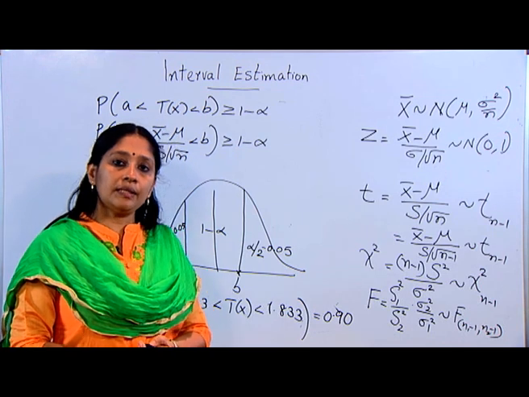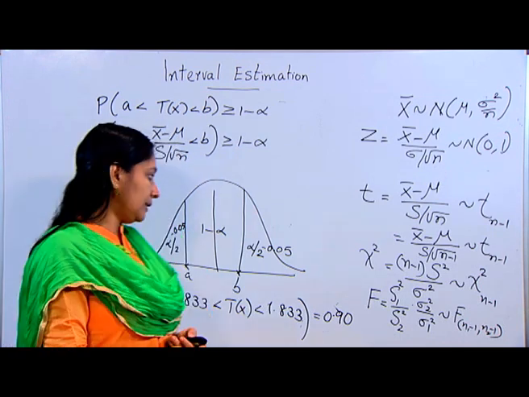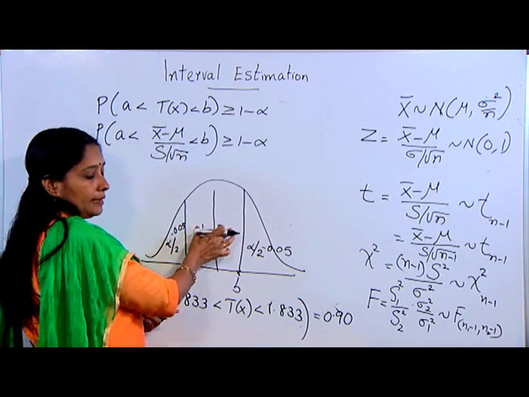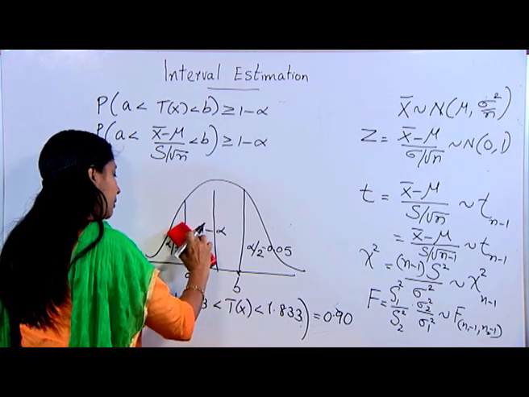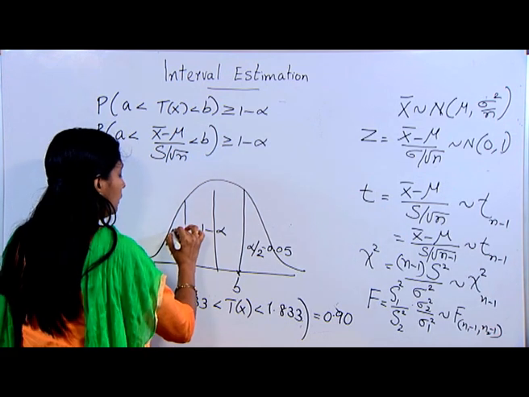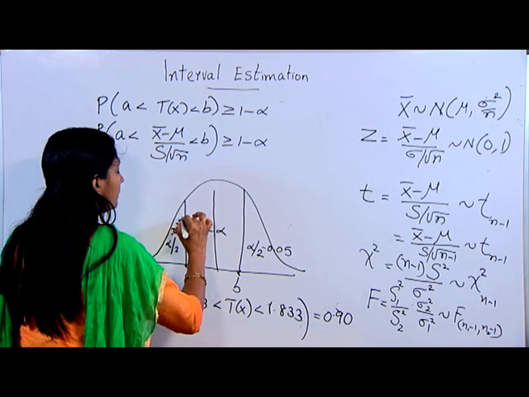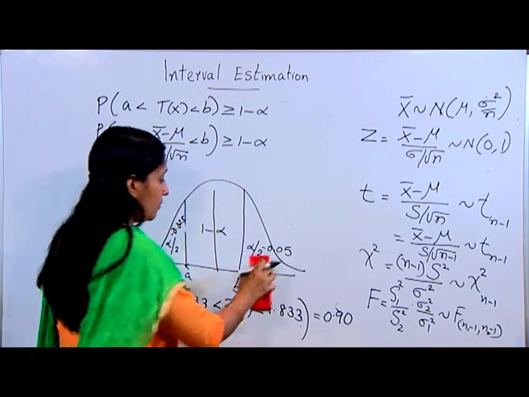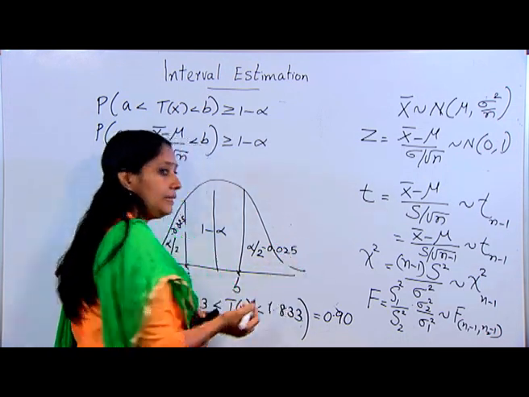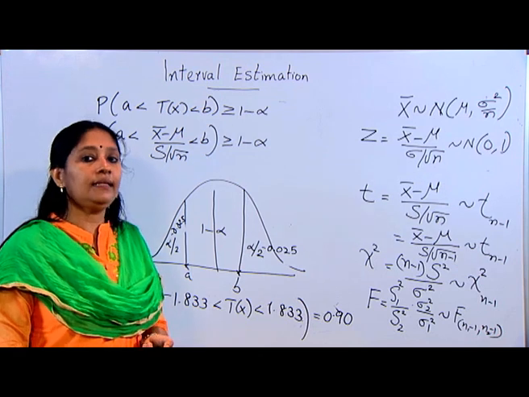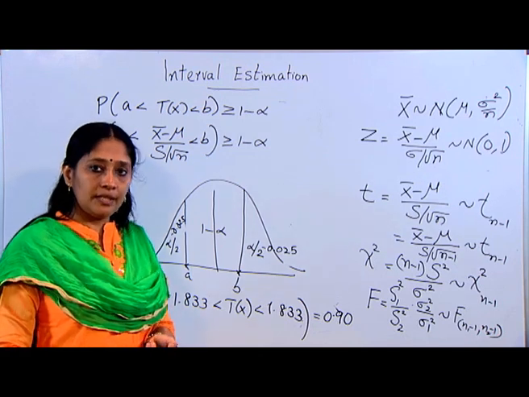Similarly, if you are constructing a 95% confidence interval, so this area is 95%. In that case alpha by 2 will be equal to 0.025 and this alpha by 2 is again 0.025. So, look at the table of t distribution.